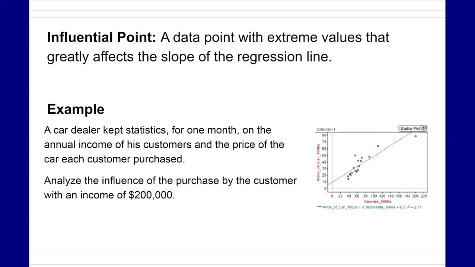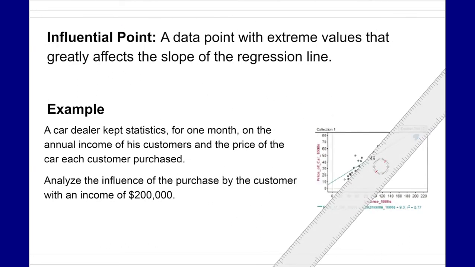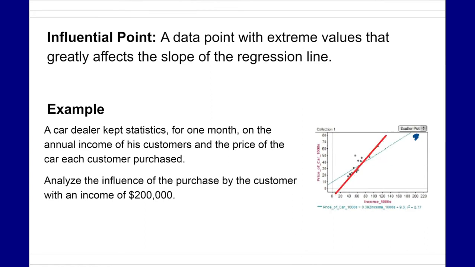If we look at the rest of the data, if I get rid of that point, my line of best fit may look something like this, which means that if I have a customer that comes in that has a $200,000 income, I might expect them to be spending maybe close to $150,000, $200,000 on a car, right?